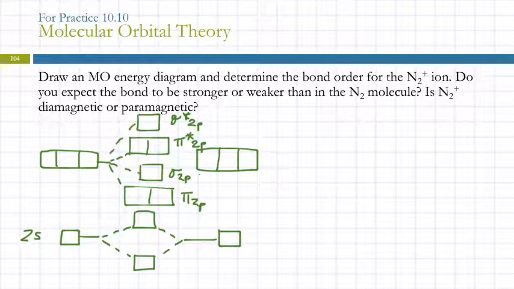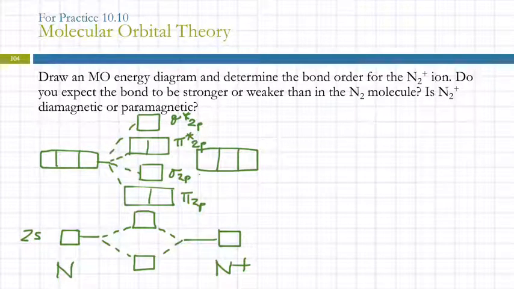I'm not going to do the dashed lines on the other side because it's a mess. Okay, so we're supposed to do N2 plus. So I'm going to put N on this side, and we need N plus on the other side so that we can get the right number of electrons. Everybody okay with that?